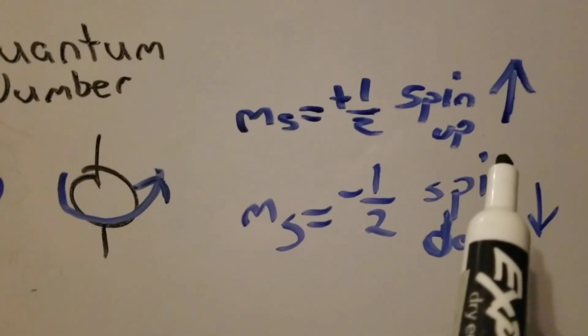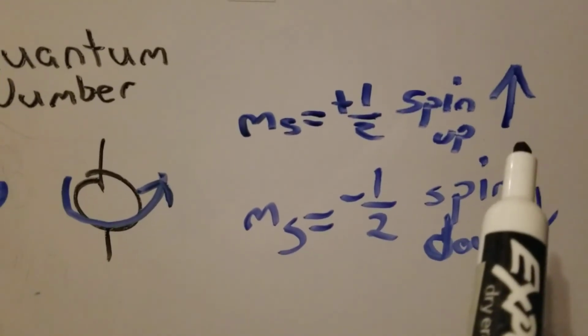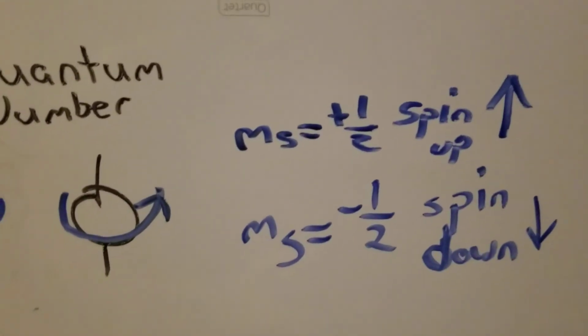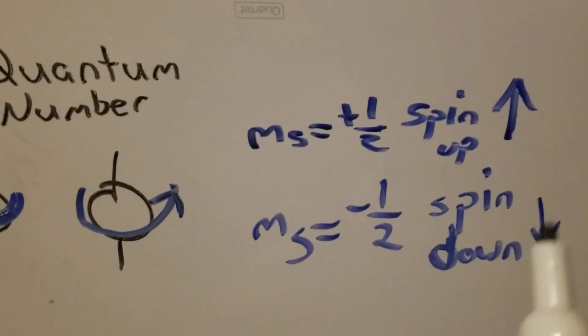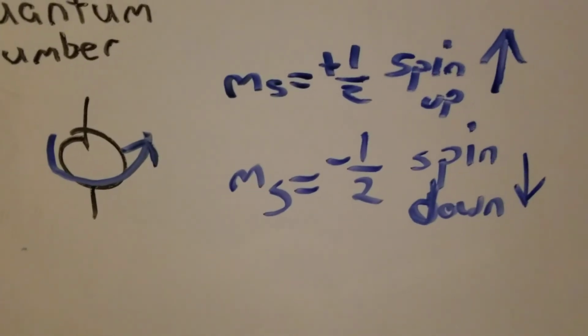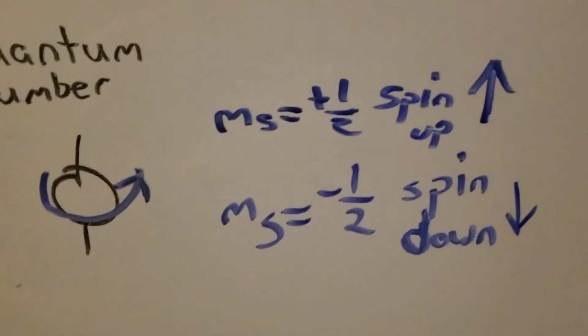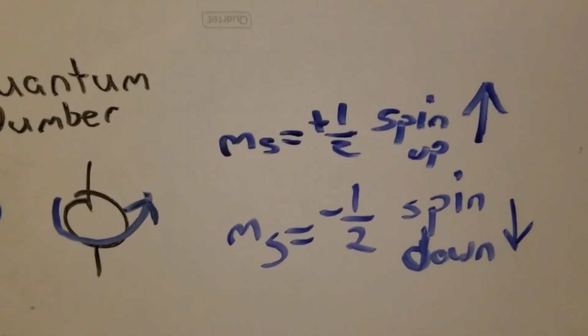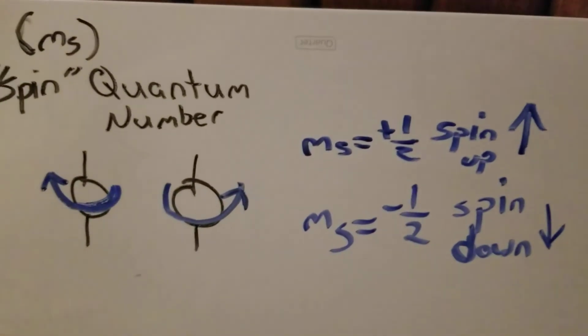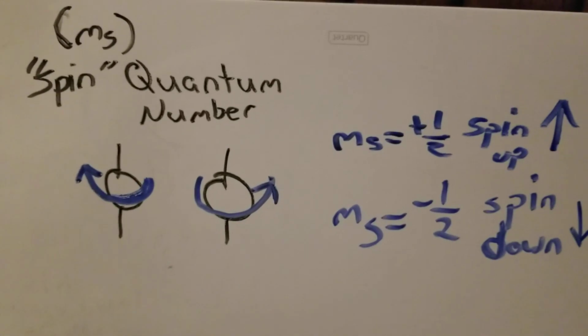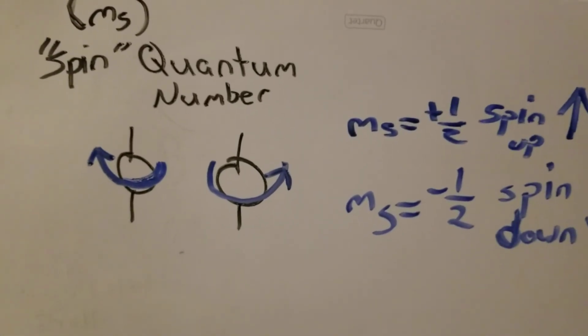This will come into play later when you draw orbital diagrams. Or we can say m sub s is negative 1/2 with spin down. This concludes our quantum numbers, and these will help you with our future discussions and with your understanding of quantum mechanics and the way that the electronic structure of an atom works.